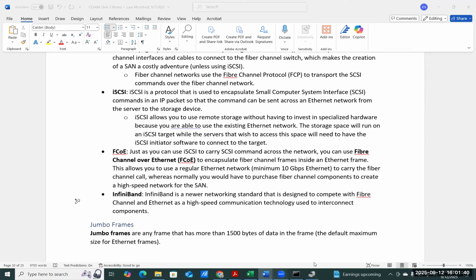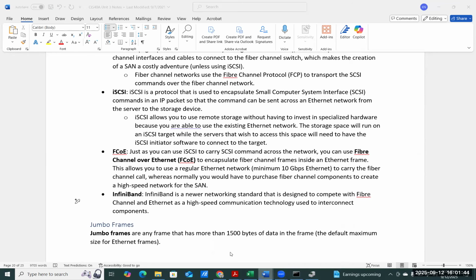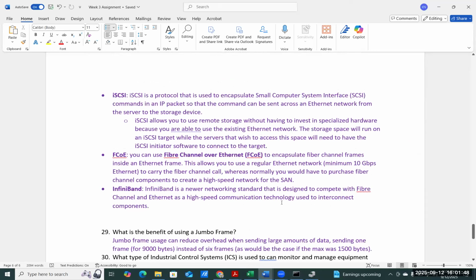So go through and read through that. For iSCSI, you can grab that from the notes itself, right? And I broke it down a little bit. For fiber channel, FCoE allows you to encapsulate the frames for the fiber. We need to convert fiber communication to Ethernet, and this technology allows you to do that.